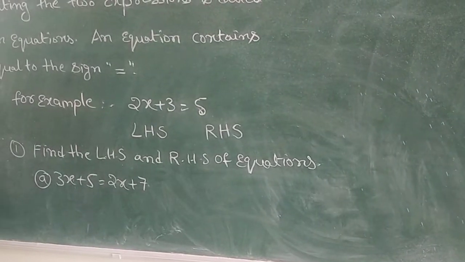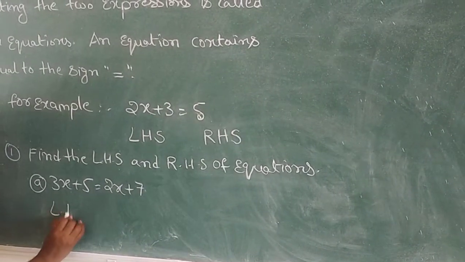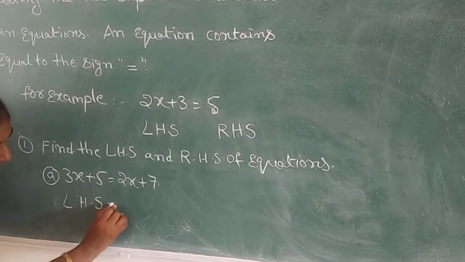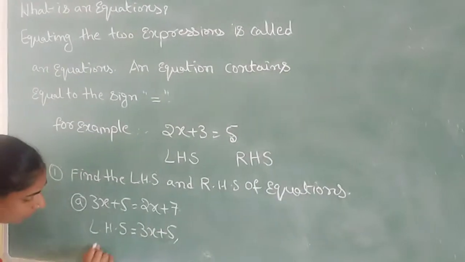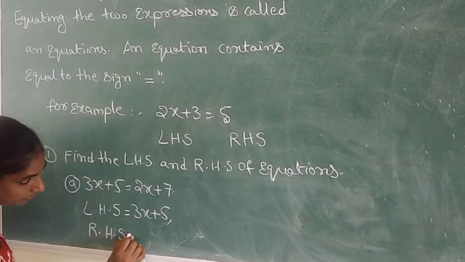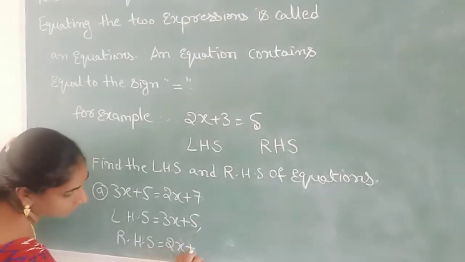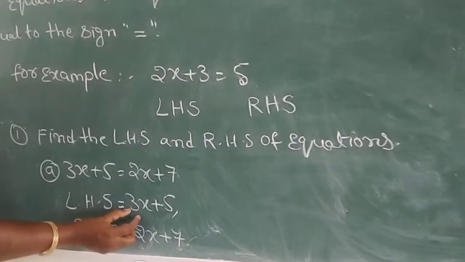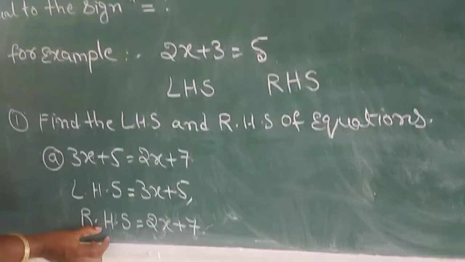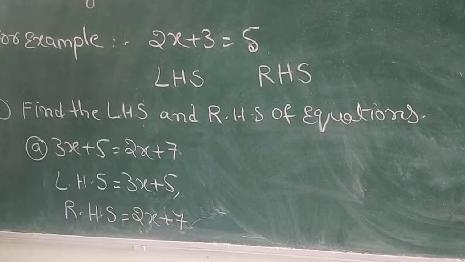In this equation, LHS is equal to 3x plus 5. RHS is equal to 2x plus 7.